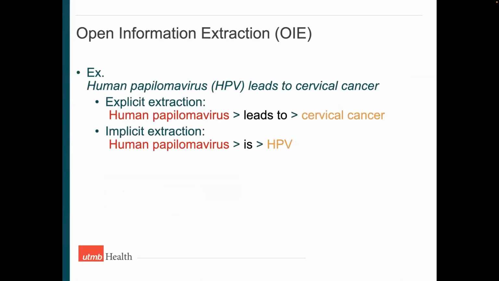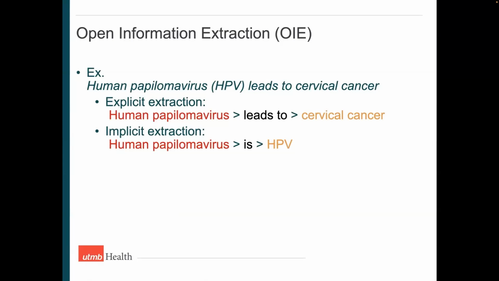Just to give you an example of what the output for open information extraction might look like, if we have a statement to process, like the statement, the human papillomavirus, HPV, leads to cervical cancer, we can extract the triple of human papillomavirus, which is a subject, leads to, which is a relation, and cervical cancer, which is an object.